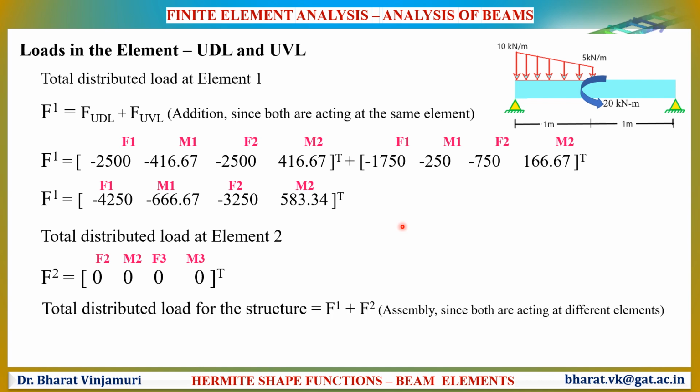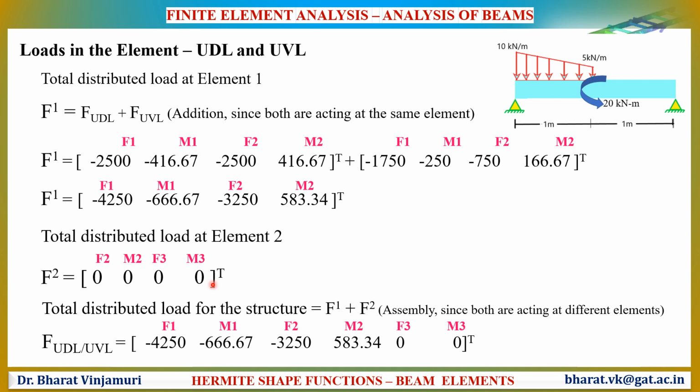So, by assembling the total distributed loads at element 1, which is given in this equation, and element 2, which is zero, we will be able to determine the total load vector due to distributed load. Therefore, the total load vector, combining UDL and UVL, will be equal to minus 4250 and minus 666.67.